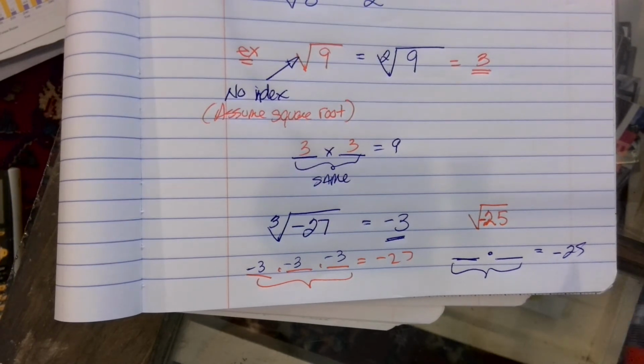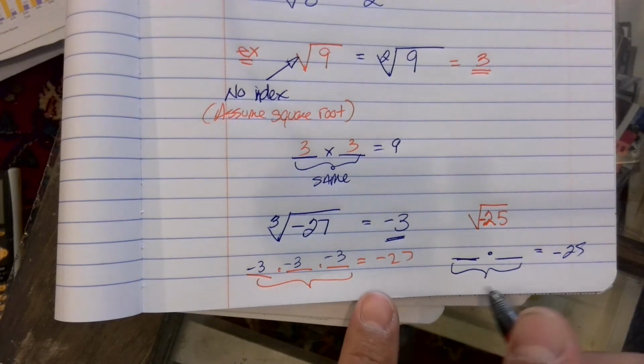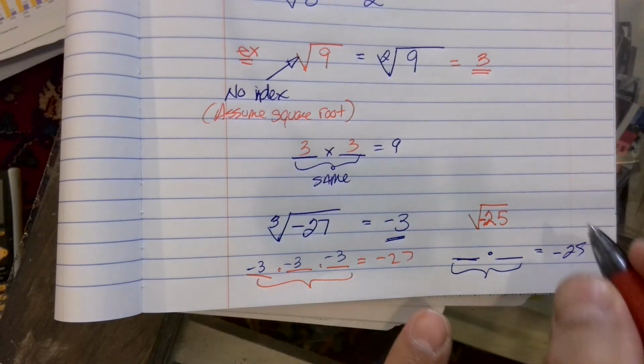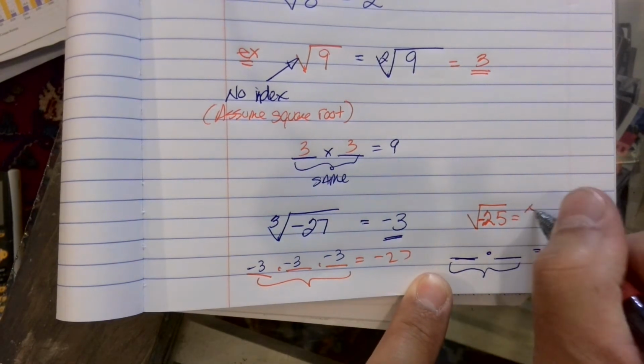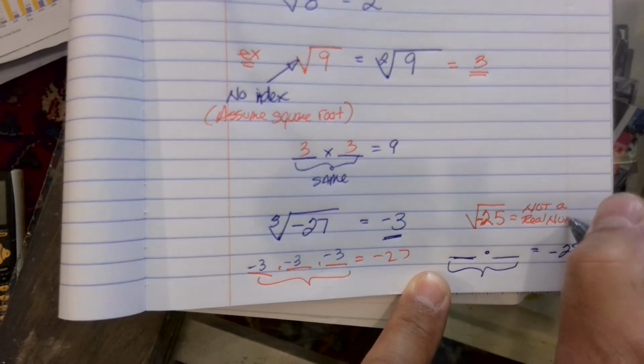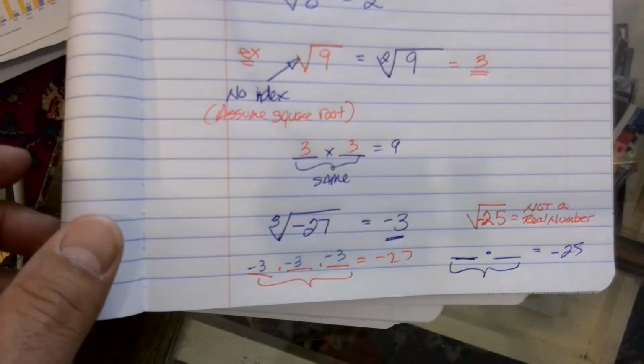The only way to get a negative 25 is if I have a negative 5 and a positive 5, if the two signs are different. And if the two signs are different, then this is not going to be the same factors. So right now, we'll say this is not a real number. This is not in our real number system. It's actually an imaginary number, which we'll talk about later. But it's not a real number.